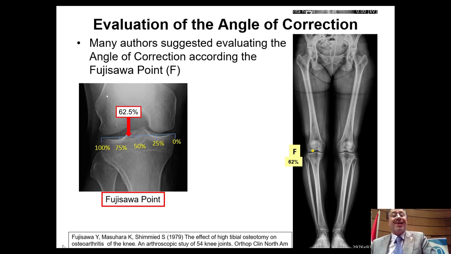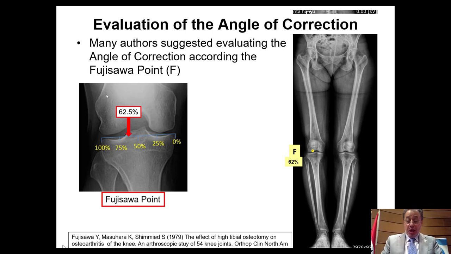Now, how to evaluate the angle of the correction? Many authors suggested evaluating the angle of the correction according to what we call the Fujisawa point. The Fujisawa point is located at 62% from the medial edge of the tibial plateau. It's the F point that you see on the right and the left.